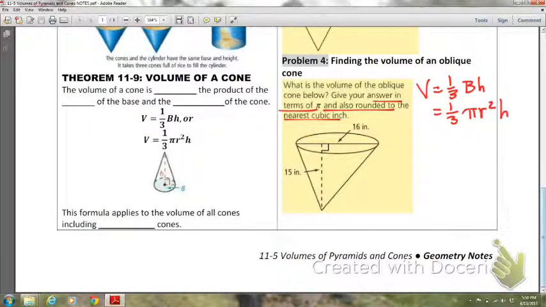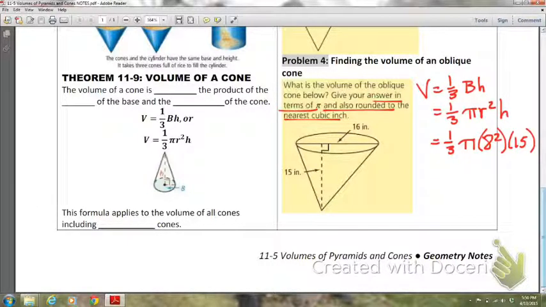It gives you everything you need in the diagram. The diameter is 16, so that means the radius is 8, half of the diameter, and the height is the perpendicular distance from the vertex to that base, which is given to you as 15.